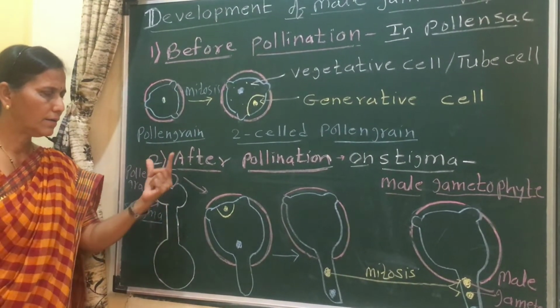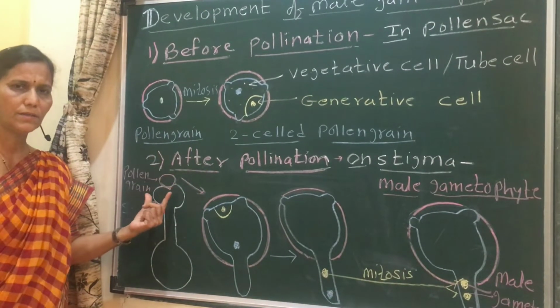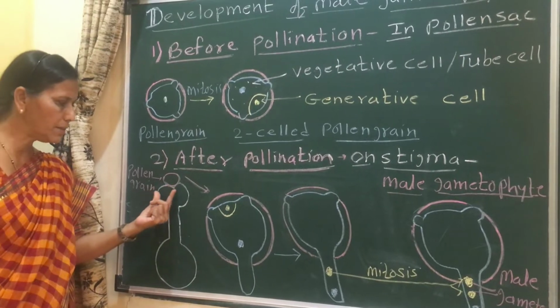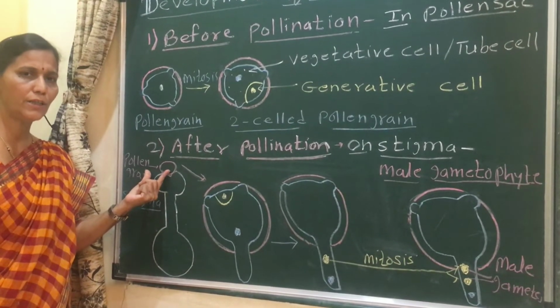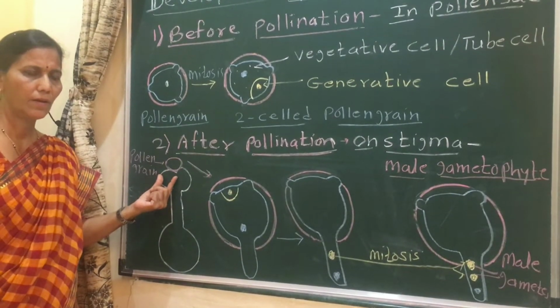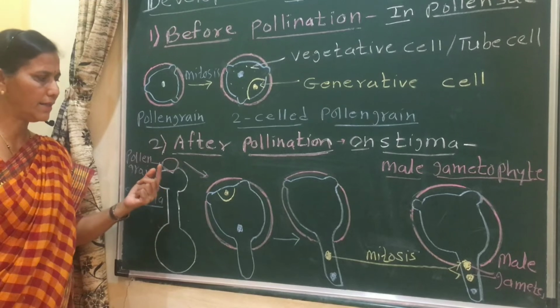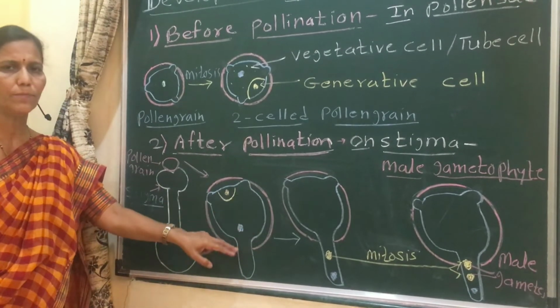And the second stage, that is after pollination, occurs on the stigma. From this stigma, the pollen grain absorbs water and sugary substance, and as a result pressure is created, and the intine of this pollen grain is thrown out as a pollen tube.